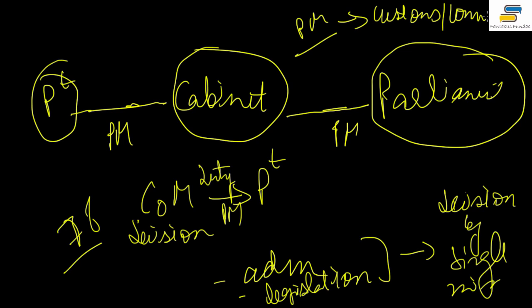Then there are constitutional values, constitutional ethos. Please use these words in your answer. These words make the answer a quality answer. They make it better looking, better sounding, better meaning. That is how it goes.